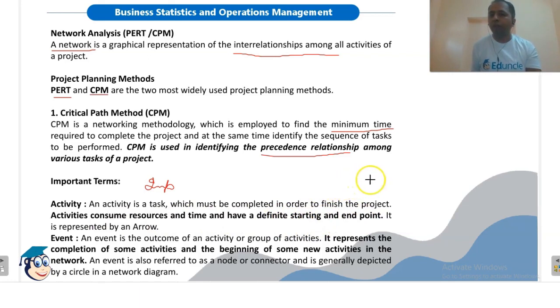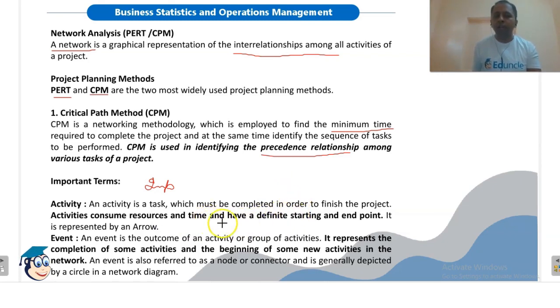So, for example, if we are constructing a flyover, there will be various activities involved in the construction of the flyover. These activities consume resources in terms of manpower, in terms of material, in terms of time, in terms of money. Now every activity in this project will have a definite start and end point, that is, when a particular activity will start and when it will finish.